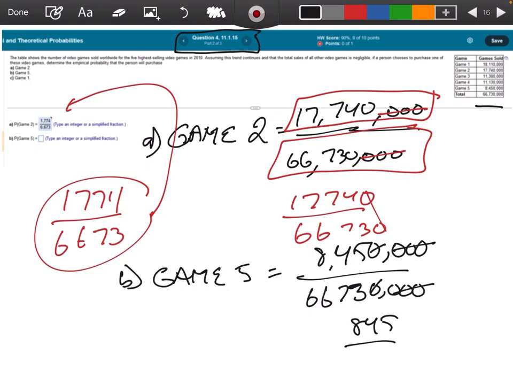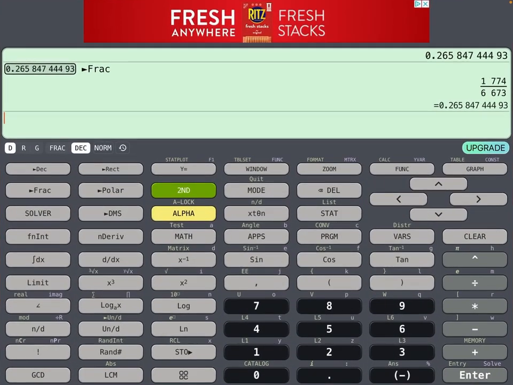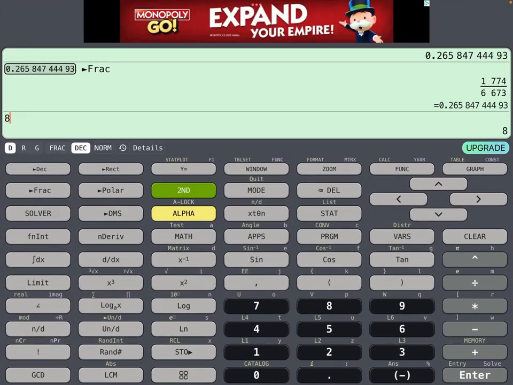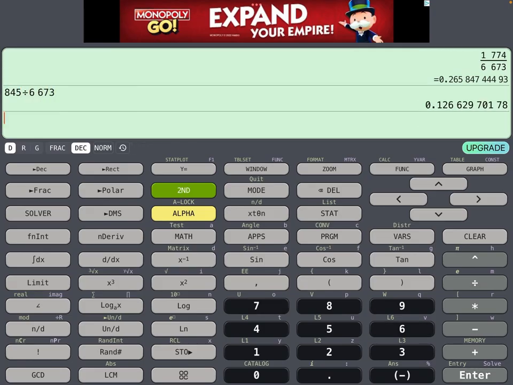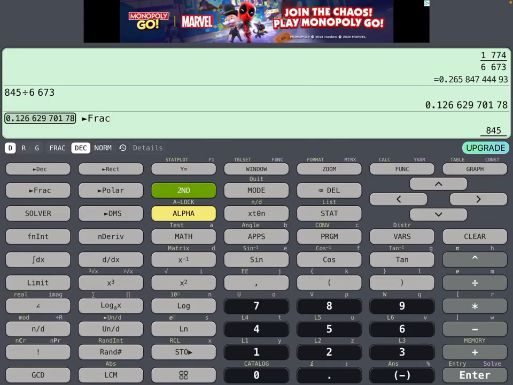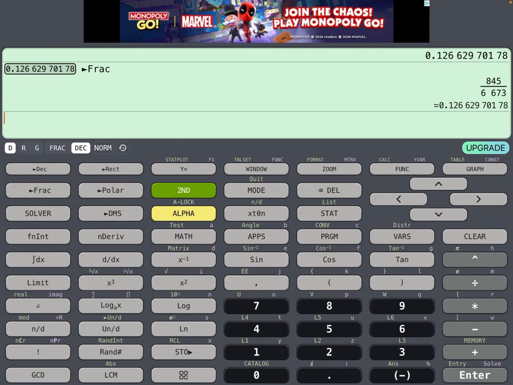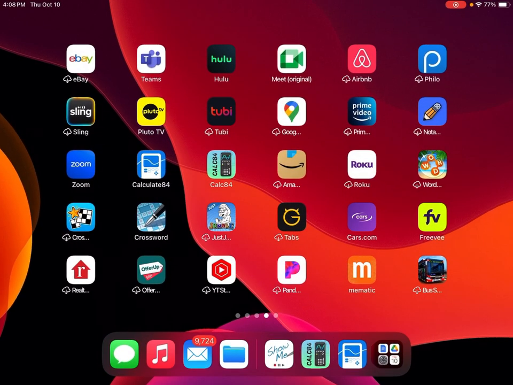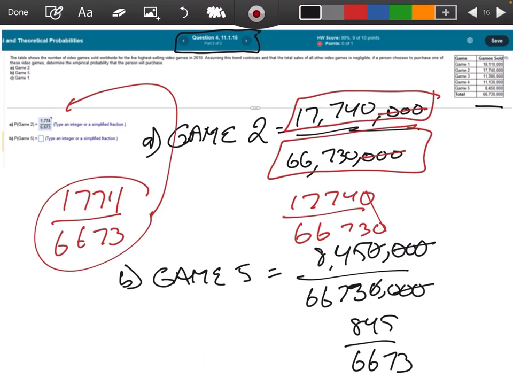So 845 over 6673. I don't know if I can reduce it, but I'm definitely going to try. 845 divided by 6673. Hit enter. Let's go to math. Let's convert it to a fraction. And it was already reduced. So 845 over 6673 is my answer for part B.